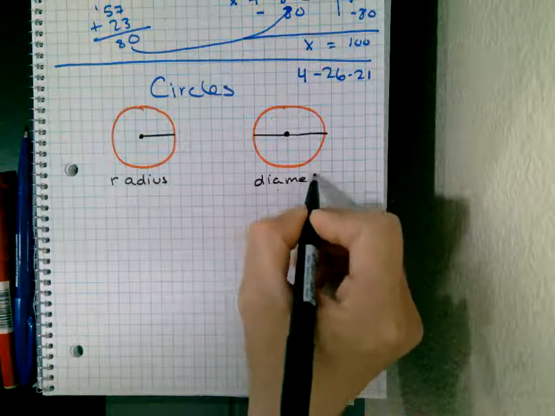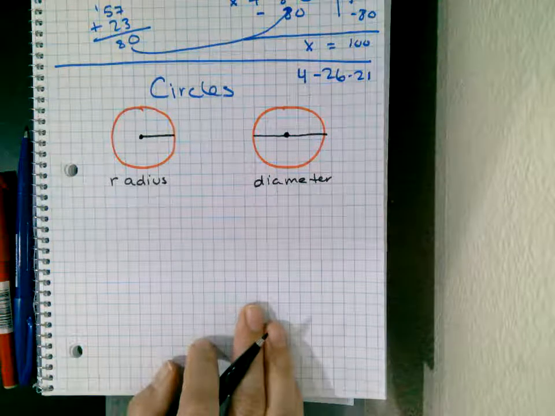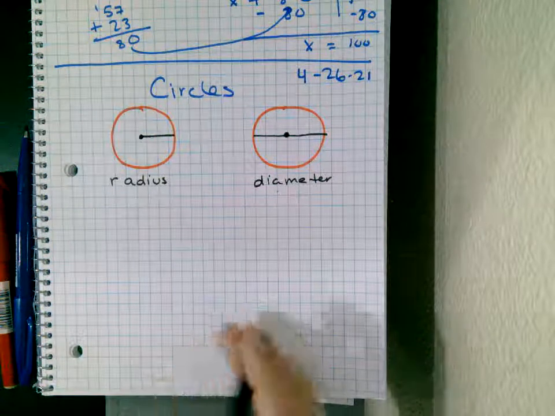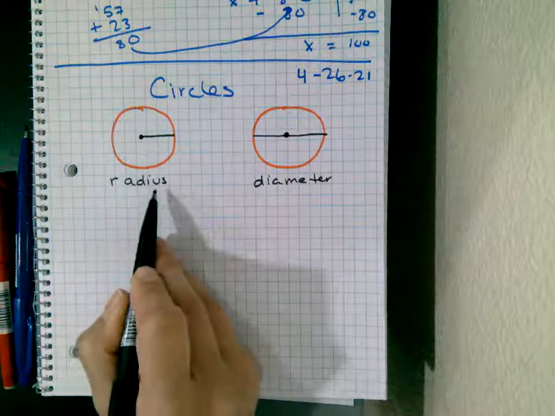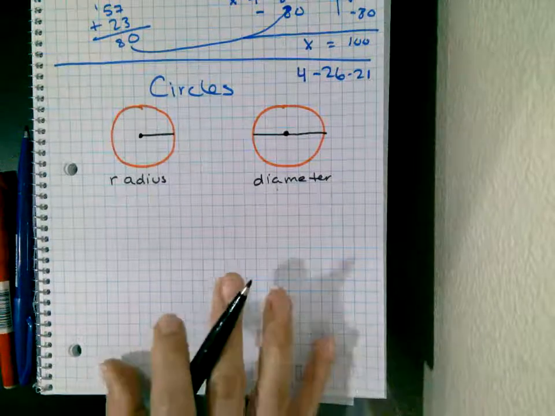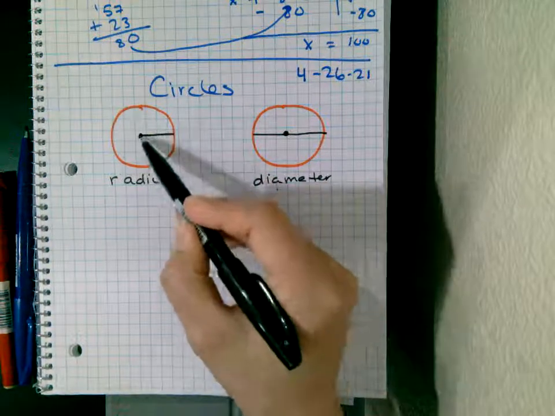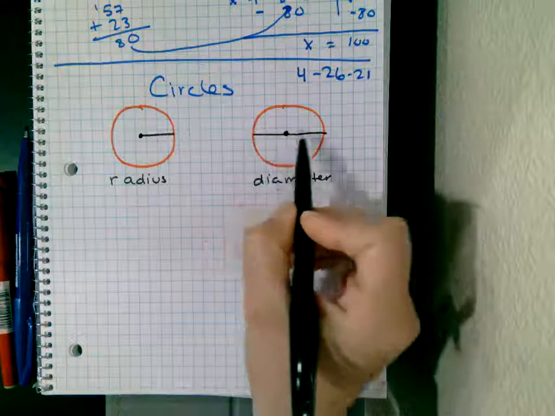And some of you may have already heard this vocabulary. Maybe you heard it on Alex. So when it's half, it's called the radius, and when it goes all the way through, it's called the diameter. Okay, so two vocabulary words that we have to learn today. Radius is when it's half, and the diameter is the whole thing.